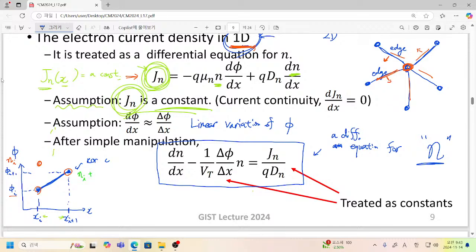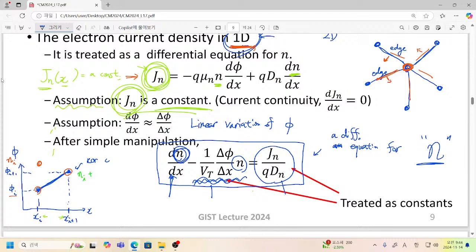Now we will treat this equation as a differential equation. So n is the unknown variable, and this is a first order derivative. Sorry, this is not a constant term, but a linear term. So we have the first derivative, a linear term, and a constant term.